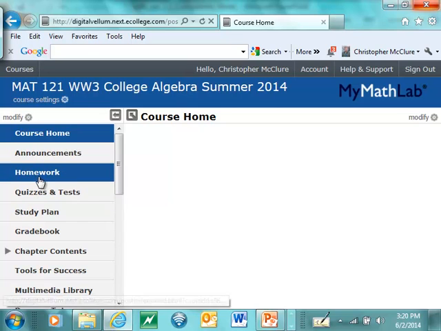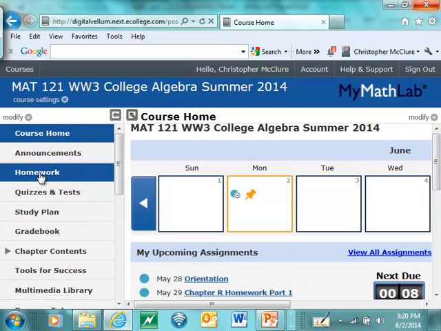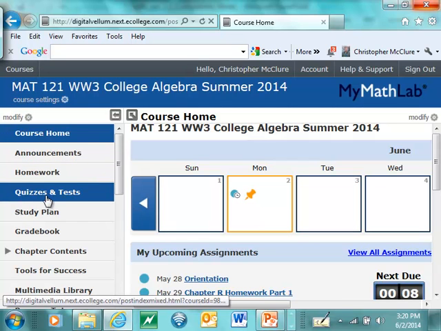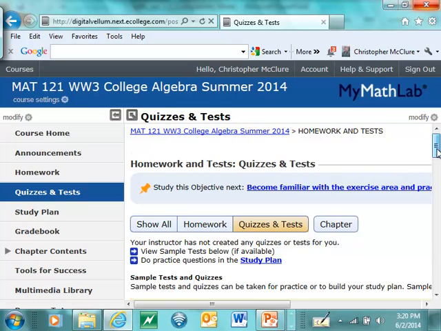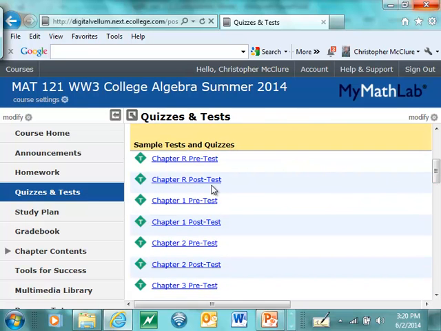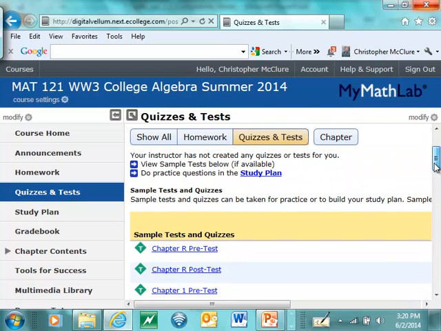Now all your homework is under this link right here for homework. But if you were to go down to this link right here, well, there's nothing for me to show you because I haven't come up with the quiz yet. But when you see my quiz, the chapter R quiz, it'll be up here above the sample tests and quizzes.